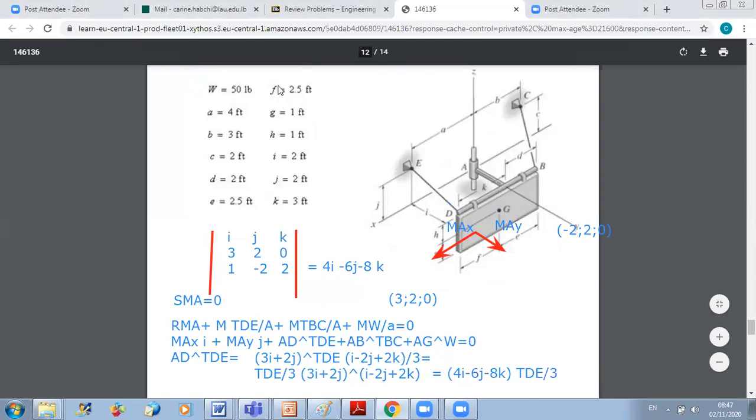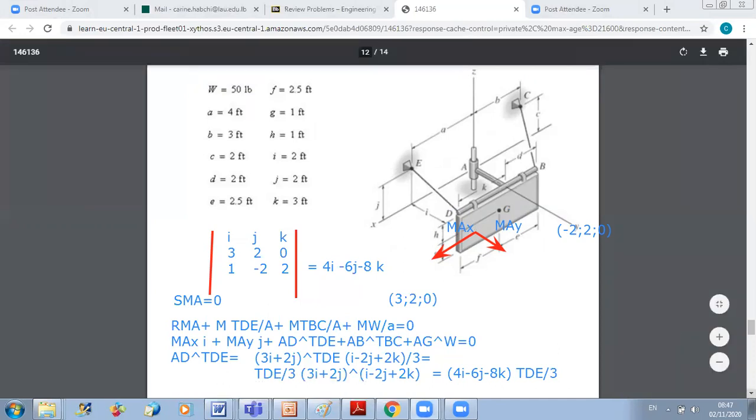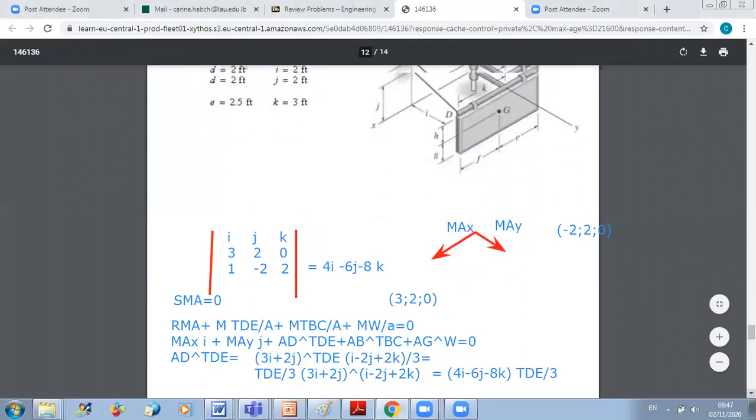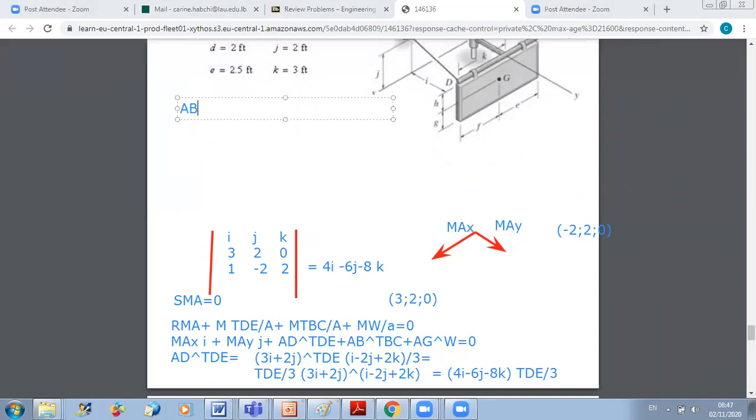The second term is AB vectorial TBC. But the problem is that I don't have a space here, so let me... Okay, so I have to find now also AB vectorial TBC. I do the same approach.